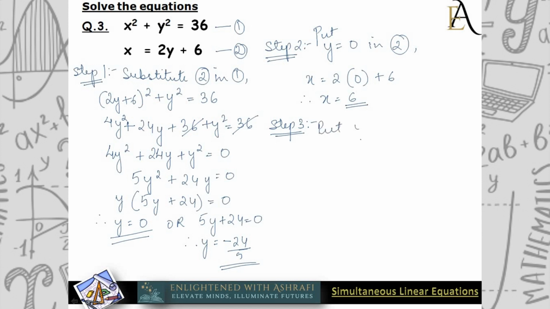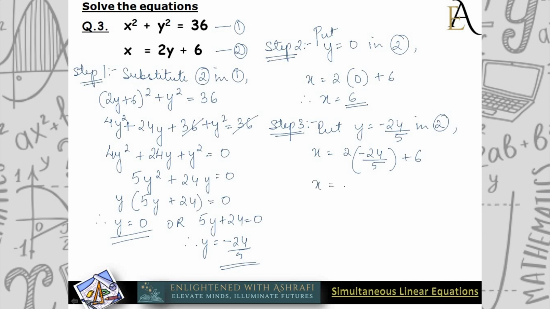Put y equals to minus 24 upon 5 again in equation 2. X is equals to 2 multiplied by minus 24 upon 5 plus 6.